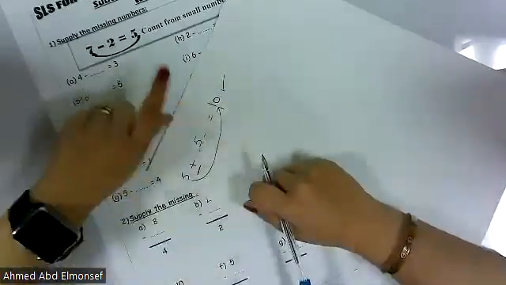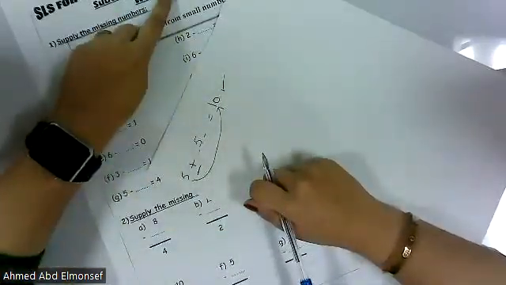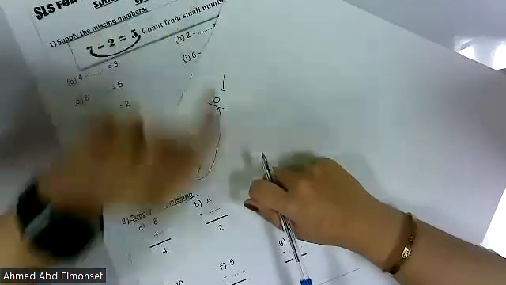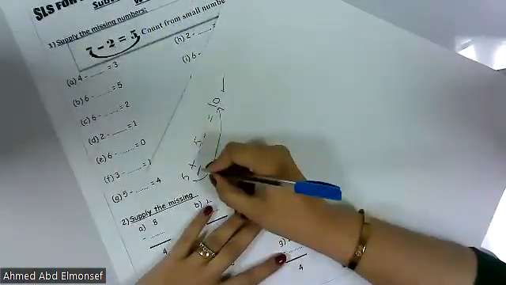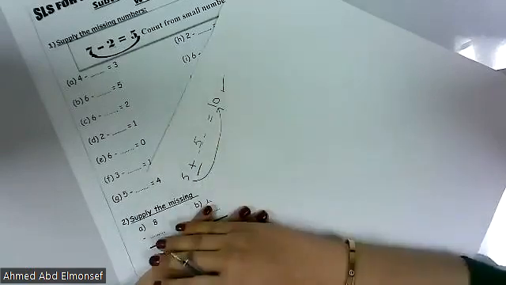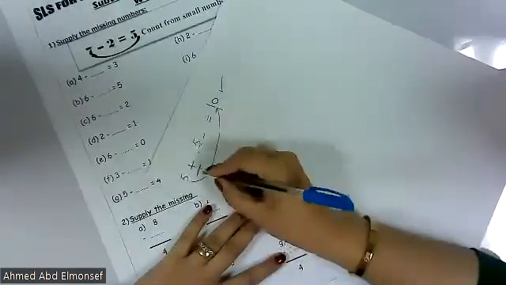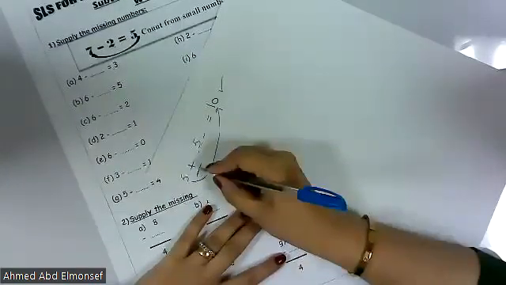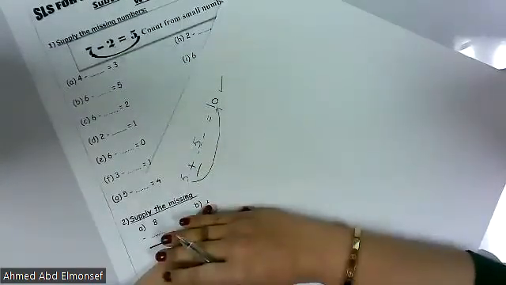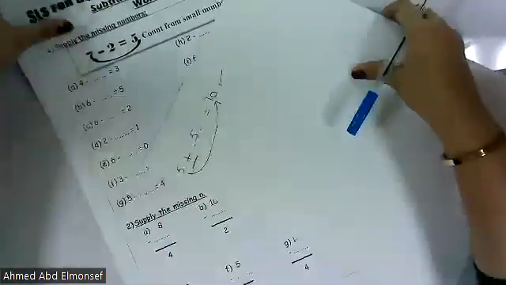So the first rule in the missing number lesson, if we see the sign is plus, we have to change it to minus. What are we going to take for today?